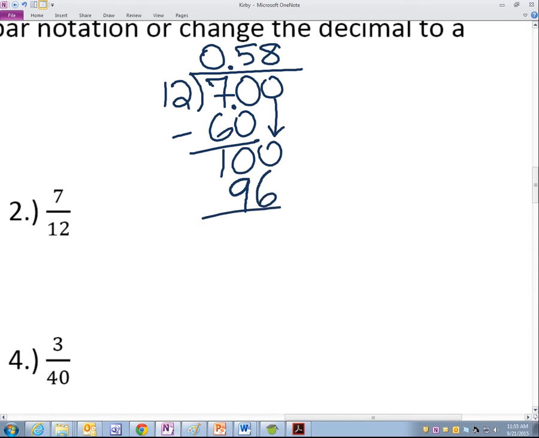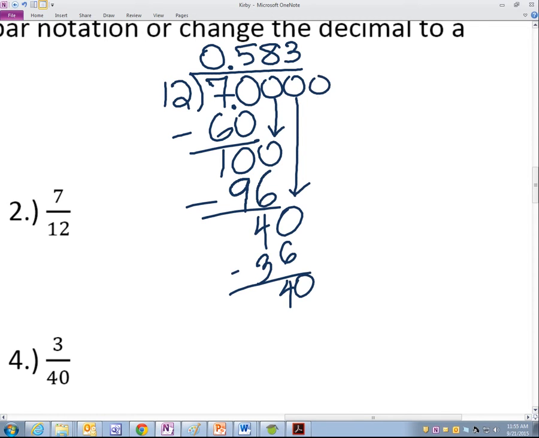Yes, 96. Good. 96 is a 4. Still don't go into it. Goodness gracious. Then we have 40. That only goes in 3 times. So 3 times 12 is 36.